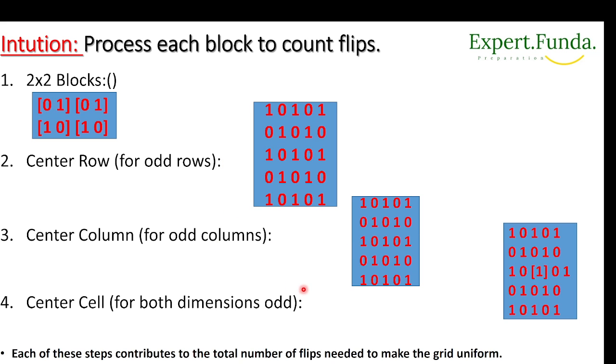Then we also have to think about the case where both dimensions are odd, and you can see we have an extra 1 here. So the center is where both are odd.